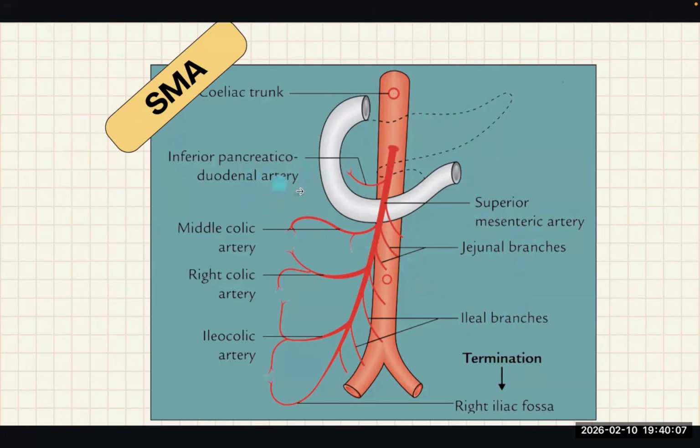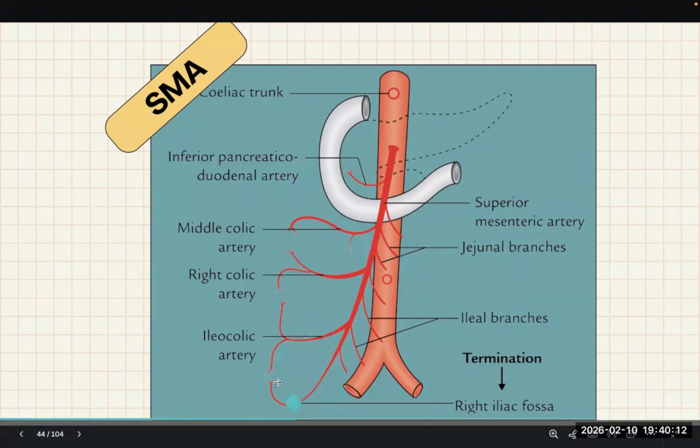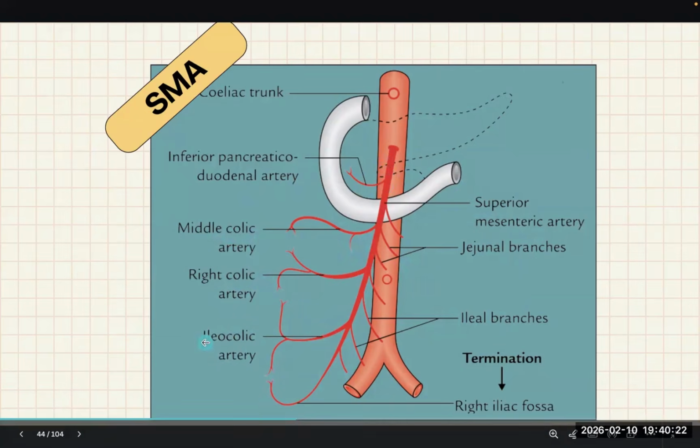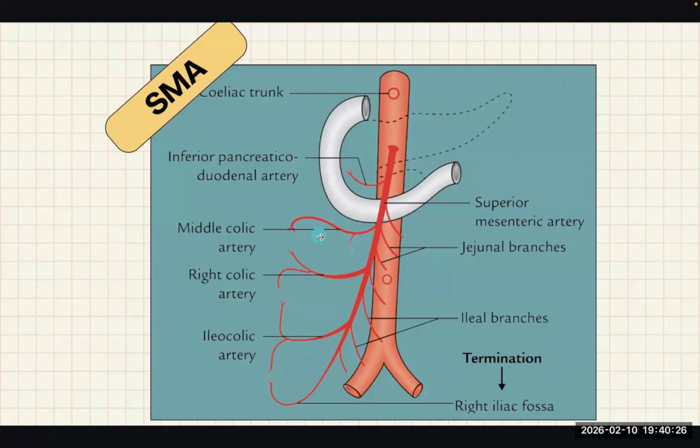Then it's going to keep going, as you can see, and it's going to terminate over here in what we call the ileocolic neighborhood. So it gives colic and ileocolic branches. This is where it terminates. Each of these branches gives two or more other branches.